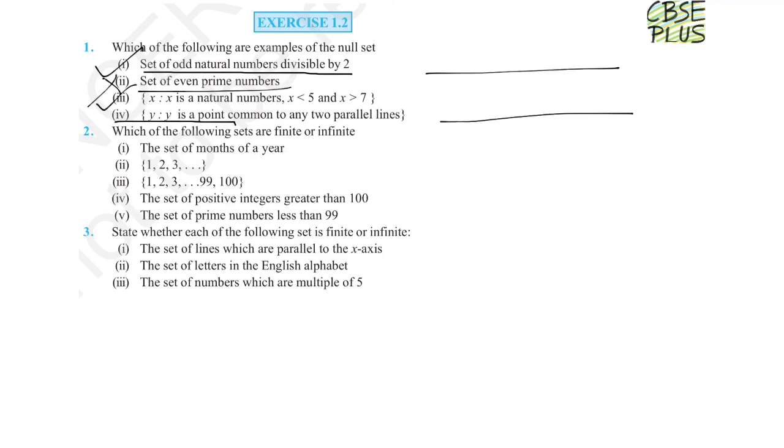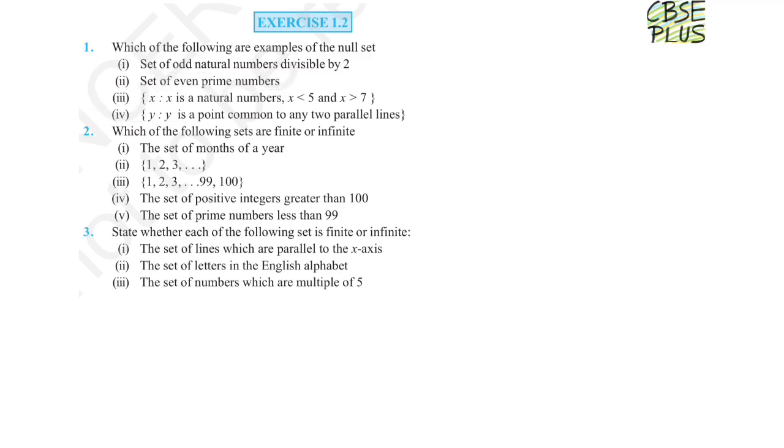Two parallel lines never meet, so there won't be any common point. So we can simply say it is not possible. Phi is the only element, and as you know, this is just the null set. So this is also a null set. So out of these 4, only the second is not a null set. Otherwise all the other 3 options are null sets.